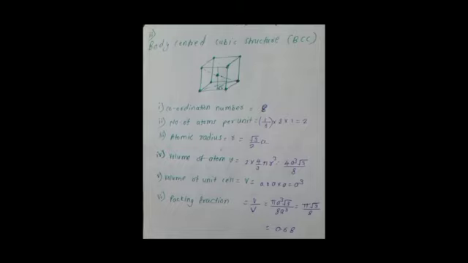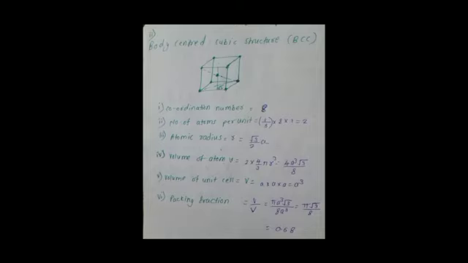The next point is the body centered cubic structure. A BCC lattice can be considered to contain two identical simple lattices. One consists of the 8 corner atoms and the other consists of only the center atom in the cube. In other words, the unit cell of BCC is a cube in which one atom is at each corner and one atom is in the center of the cube.